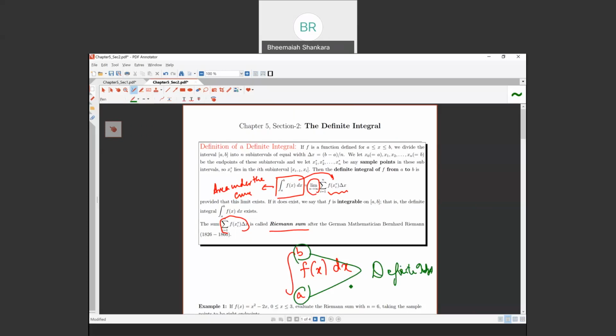And this dx is called the variable of integration. And the function that I integrate is called the integrand. And a is the lower limit and b is the upper limit.